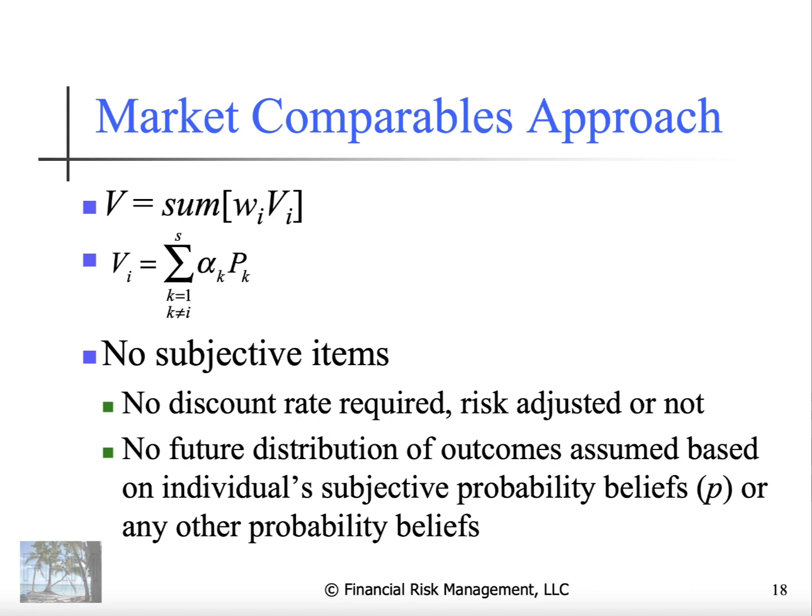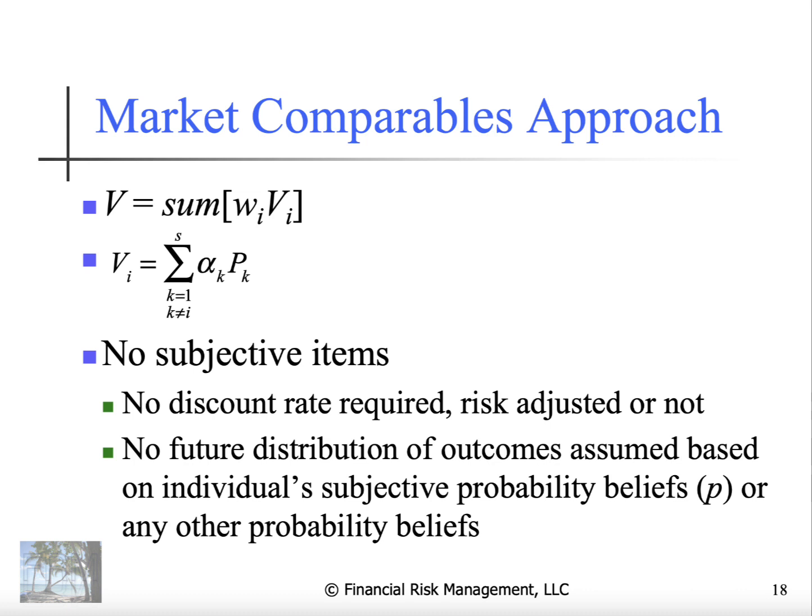Or mathematically, you can think of the value of some ith security as simply the sum of the number of shares that you own times the price of each share, not including the particular one that you're valuing. And so the beauty of this approach is there are no subjective items. There's no discount rate required, risk adjusted or not.